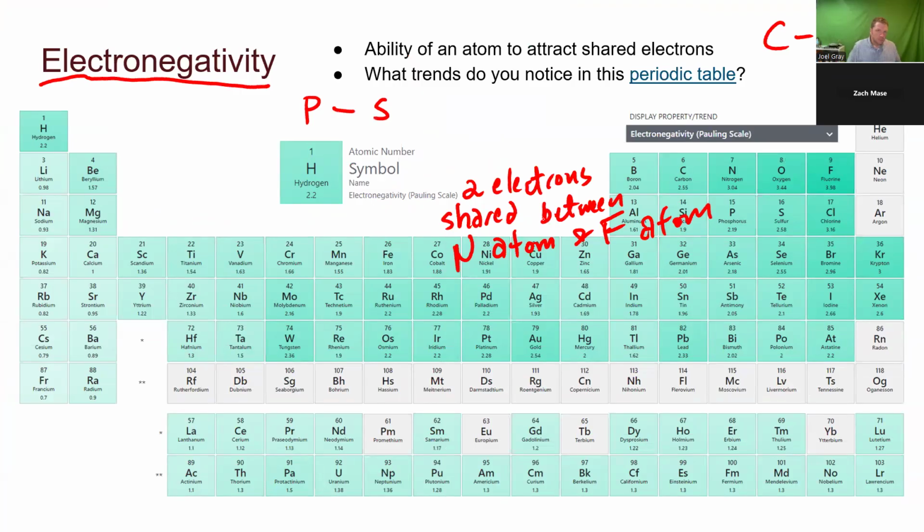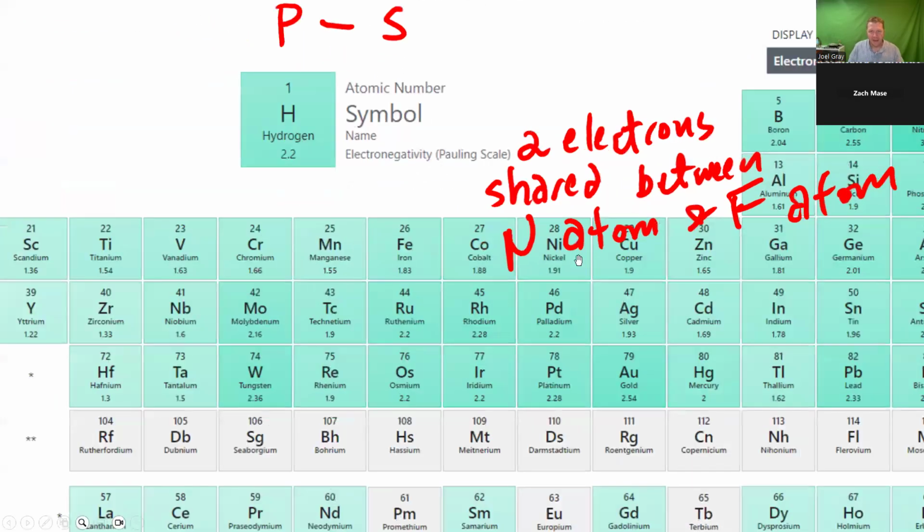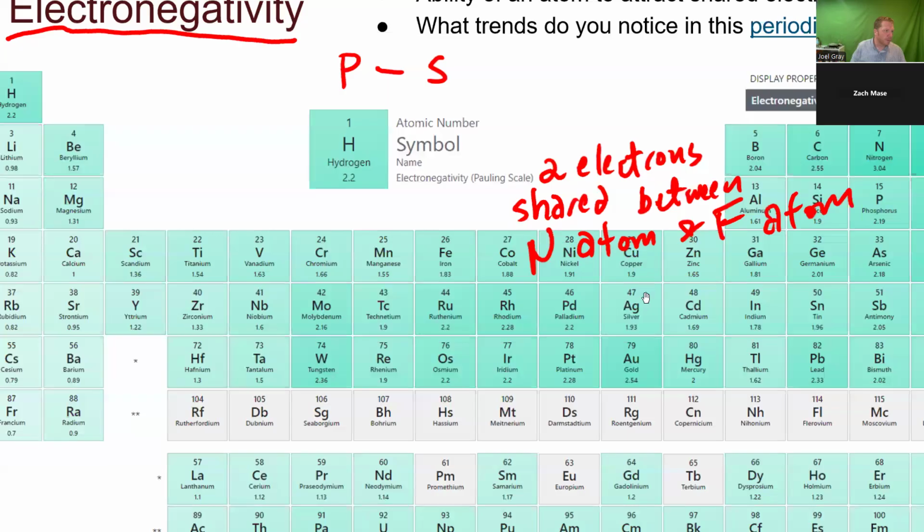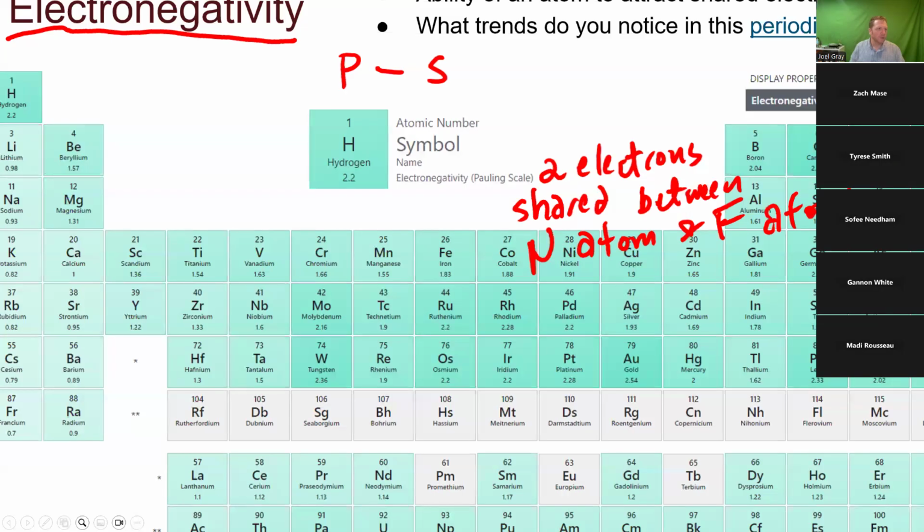Now, all of these little numbers underneath the names of the elements, all I want you guys to do is memorize all of those numbers. It's really not that many. Just kidding. I don't want you to memorize those numbers. And this is the downside of a remote class because I cannot see everyone's eyes rolling simultaneously.